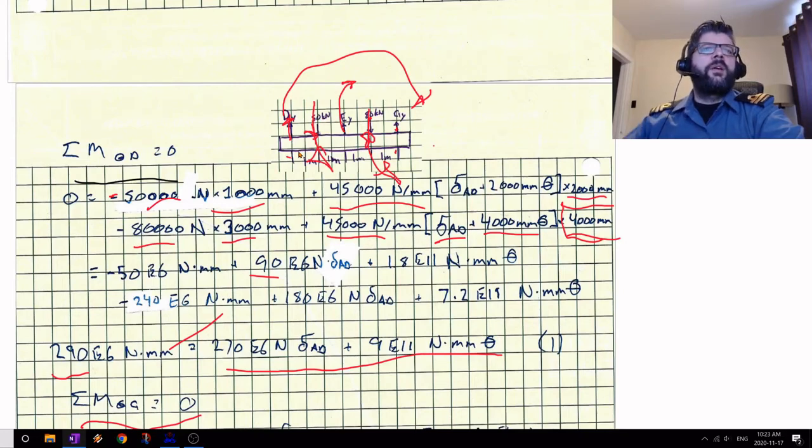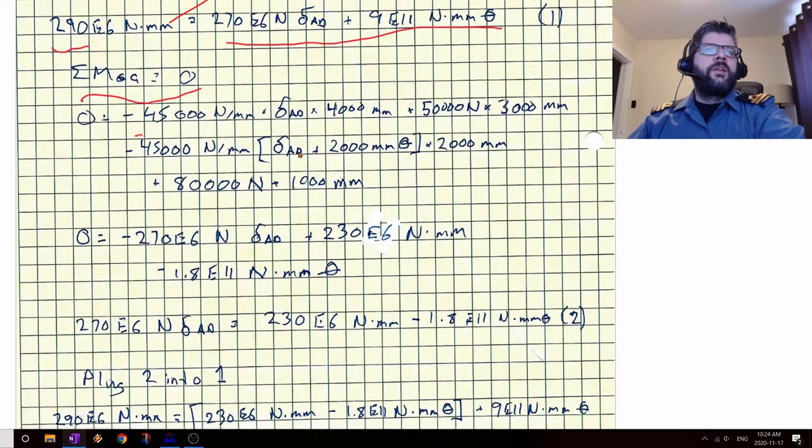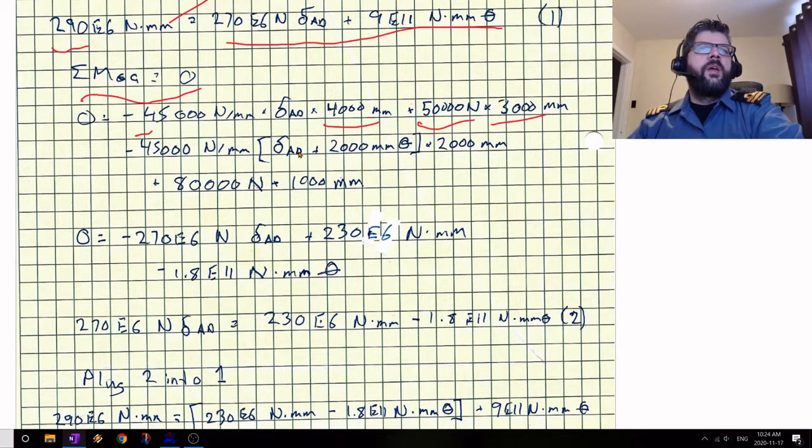So I've got the negative 45,000 newtons per millimeter times our delta AD times the 4,000 millimeters between G and D. Next up, we've got the 50 kilonewton force times the 3 meters between them.